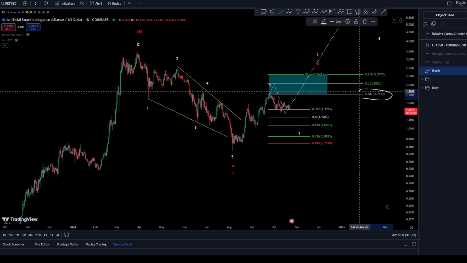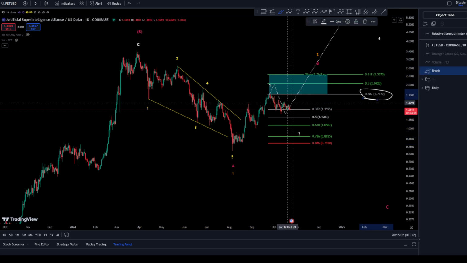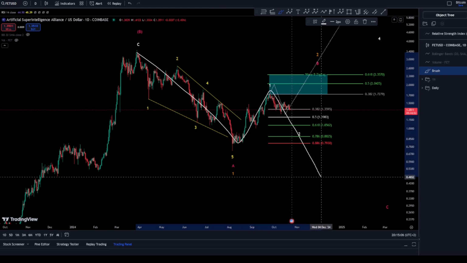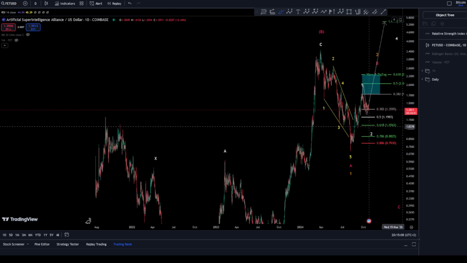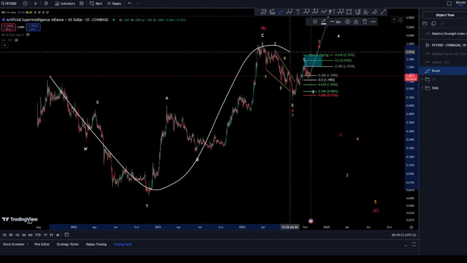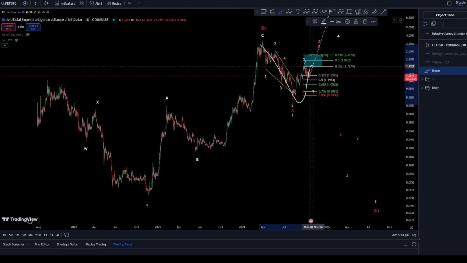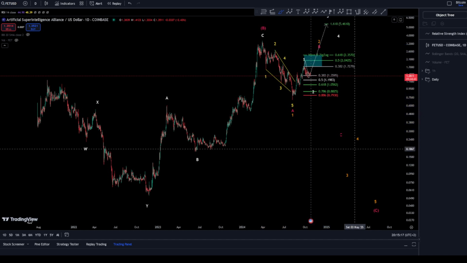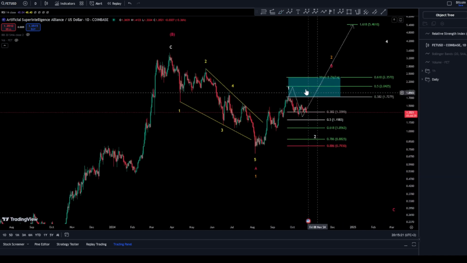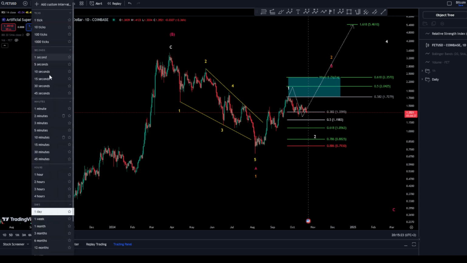You can see that we already touch, of course, the 0.38, which can also mean a 1, 2 towards the downside, and that can be a continuation for your wave C, of course, as an expanding flat with a 1, 2, 3, 4, and a 5. However, of course, the 1 hour chart will tell us much more and give us much more information, of course, about what is going on inside it.